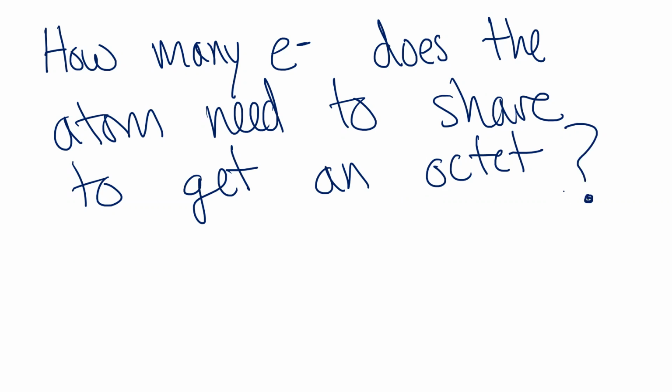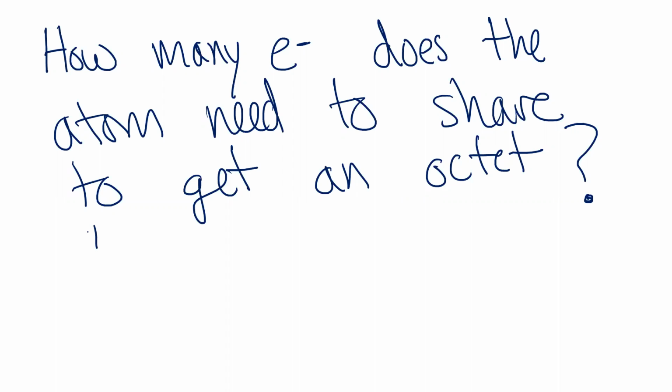Now, let's keep it simple to start with. We'll talk about octets. We won't talk about exceptions yet. We'll just talk about octets. Pretend like all we're concerned about are octets. Now, we'll go even one more step easier than that. We're just going to talk about nonmetals. Okay. Look at your periodic table here.